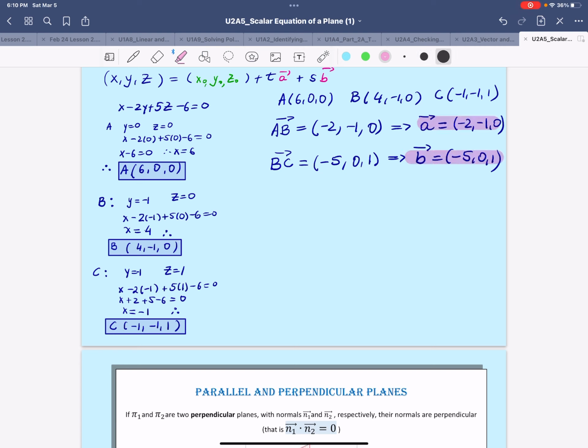And we will need a point. As one of the points, we can choose either A or B or C. In this case, I'm going to go for point B. And I will substitute it into the equation of the plane.